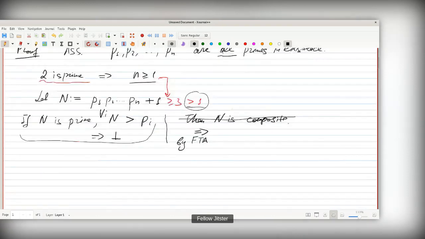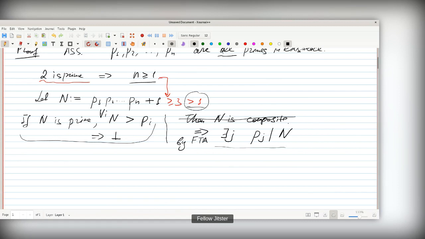So there exists a prime which divides our number N. There is a prime factorization, and not all the degrees equal 0 because our number is greater than 1. So some Pj divides N. And what do we have? Pj divides N, that is this sum, where Pj is, of course, present.